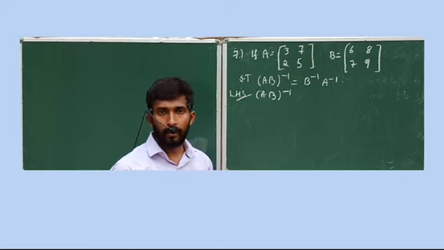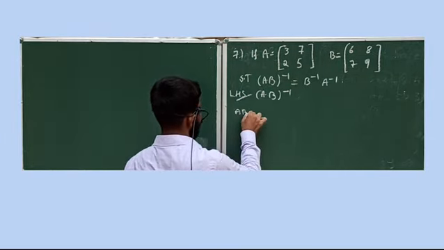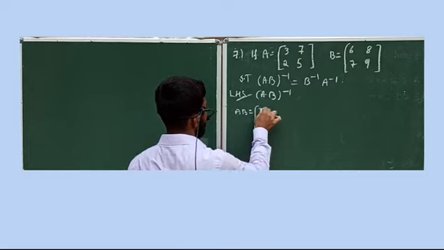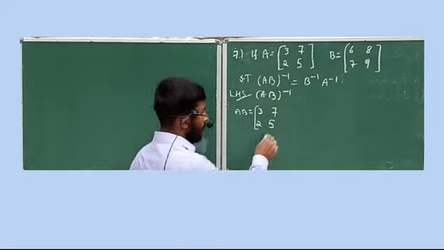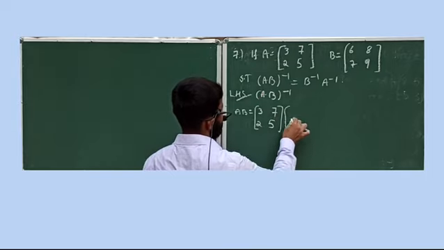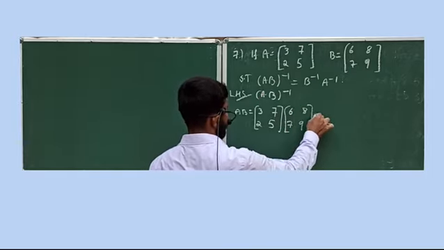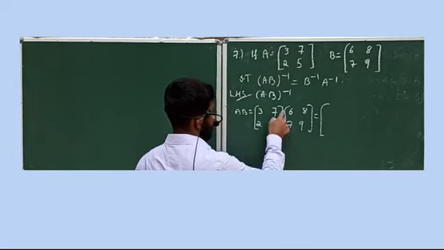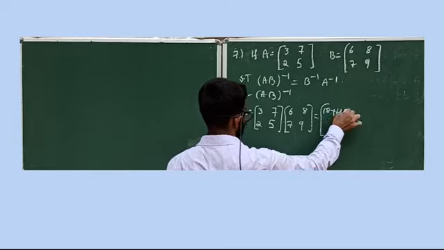See, A into B is equal to, what is matrix A? 3, 7, 2, 5. Into B is 6, 8, 7, 9. Multiply these two matrices, what will you get? 6 3s are 18 plus 7 7s are 49.